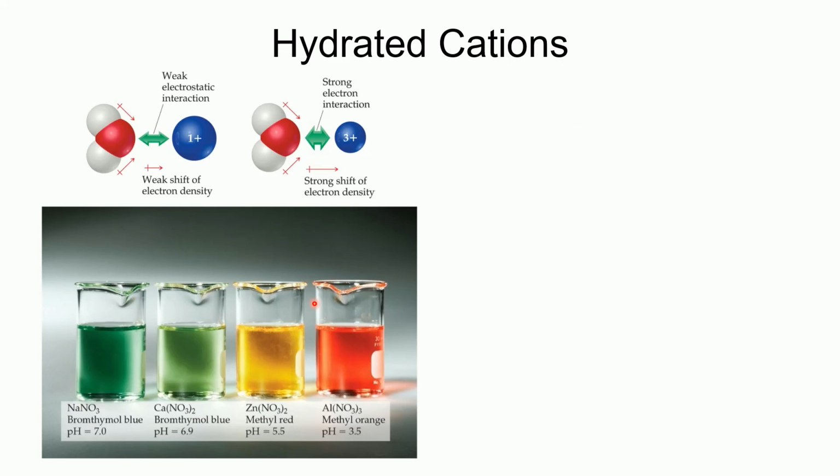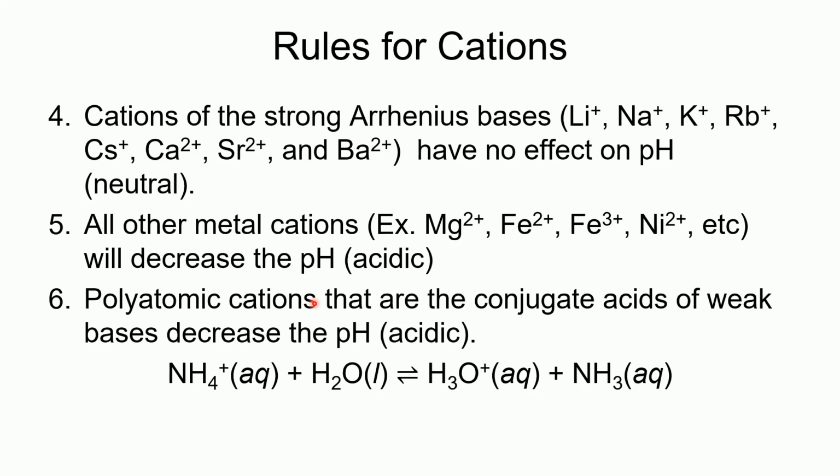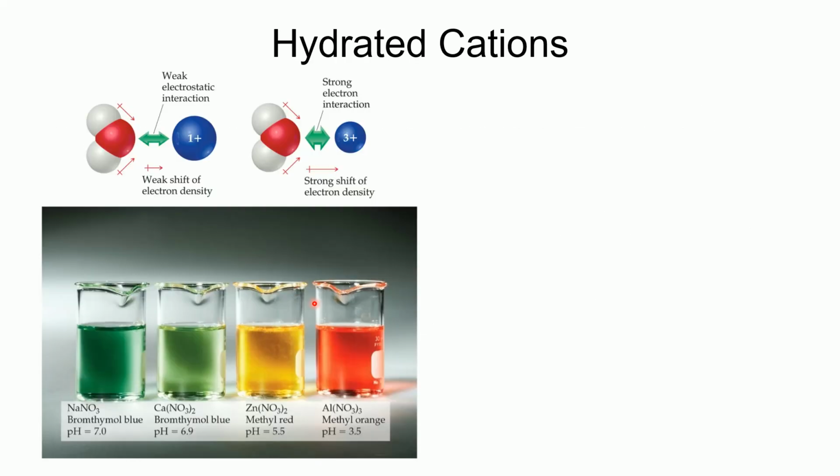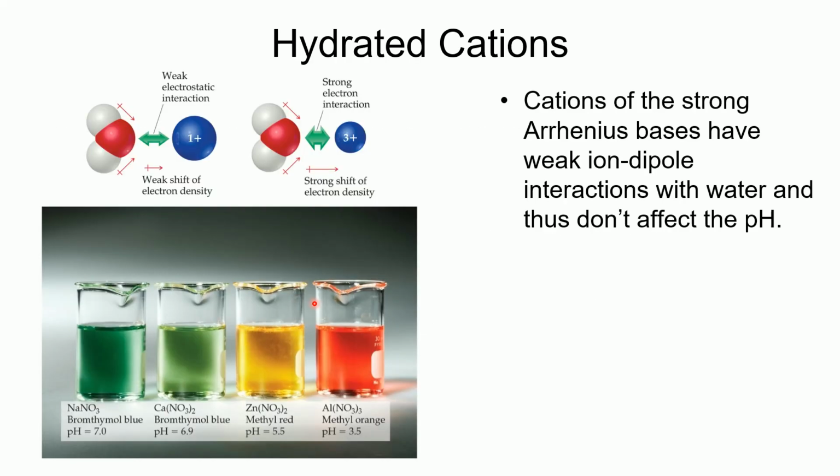All right, talking about these ions that were in Rule 5, all other metal cations, we'll actually look at Rule 4 and Rule 5 here. The cations of the strong Arrhenius bases have a fairly weak interaction with water.